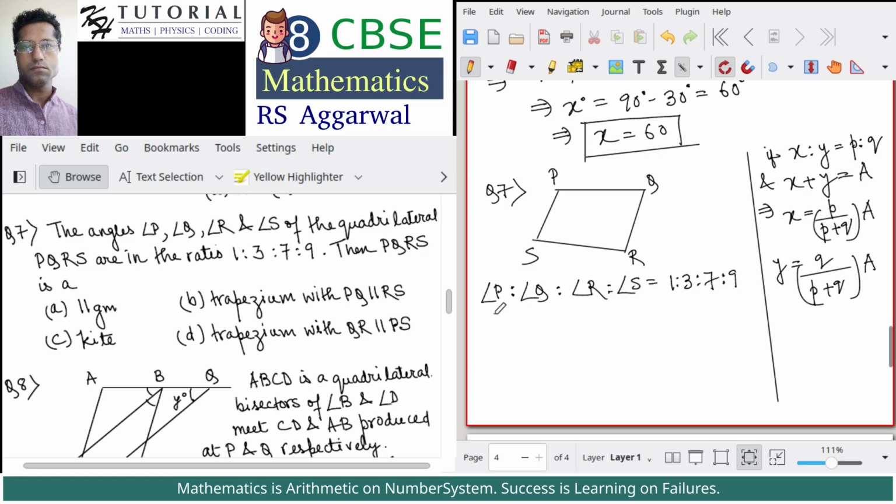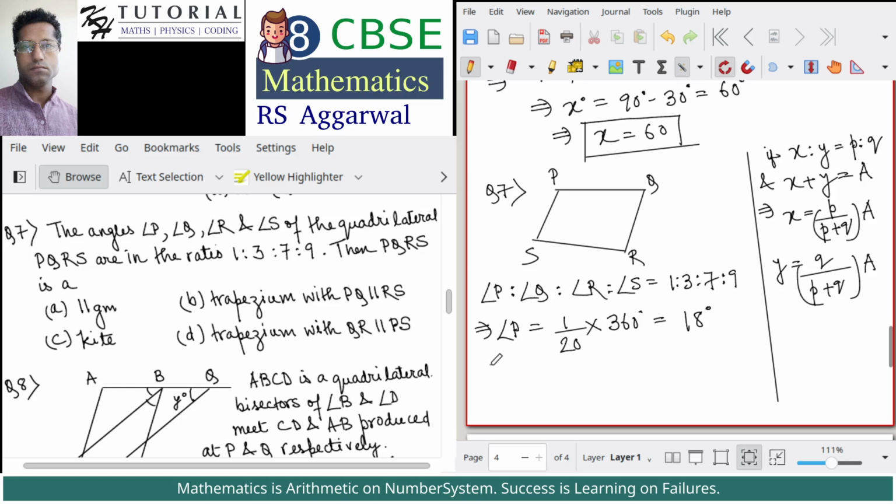So applying the concept, angle P will be 1 by the sum of all the parts in the given ratio, which is 1 plus 3 plus 7 plus 9, that is 20. So 1 by 20 multiplied by the sum of all the angles, 360 degree, is equal to 18 degree. Angle P is 18 degree.